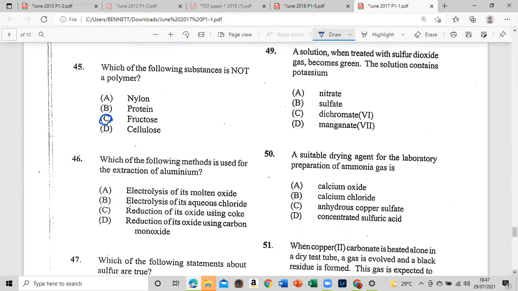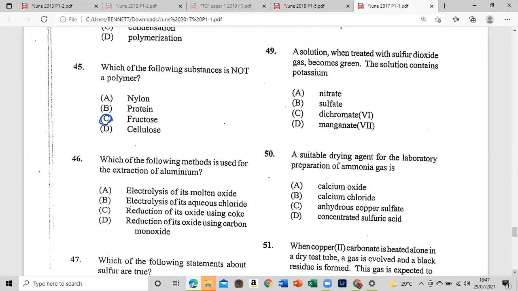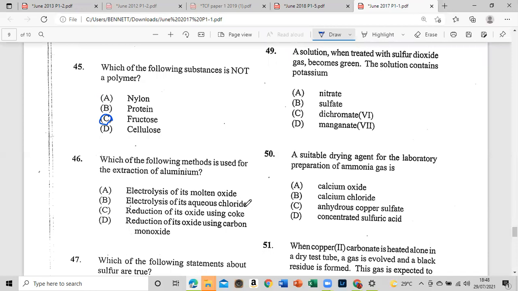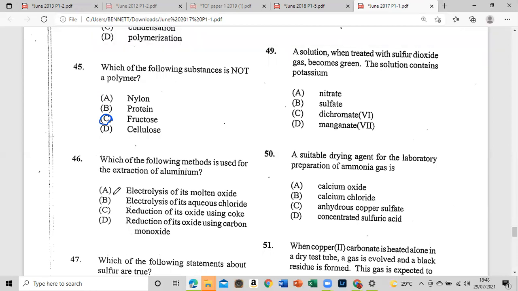Which of the following methods is used for the extraction of aluminum? Is it electrolysis of its molten oxide, electrolysis of its aqueous chloride, reduction of its oxide using coke, or reduction of its oxide using carbon monoxide? And 46 is A. Give me one second, guys.